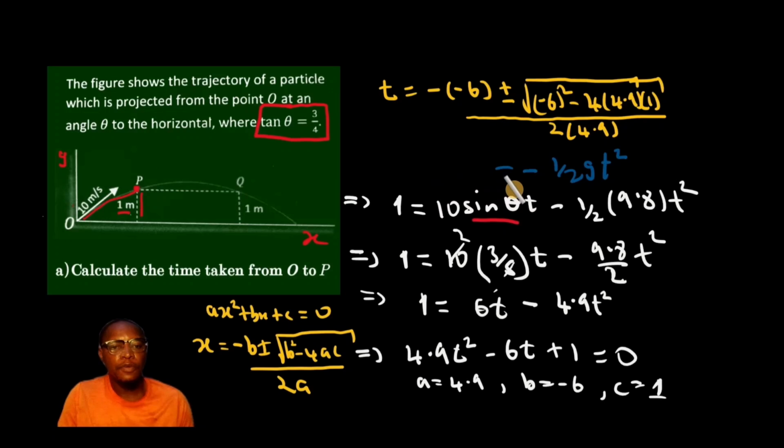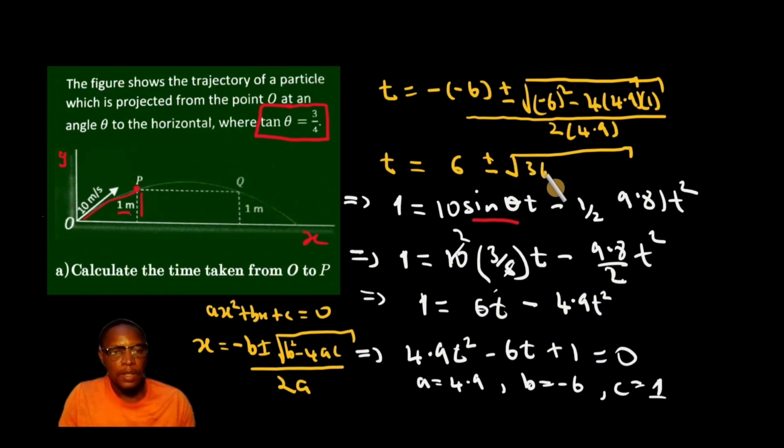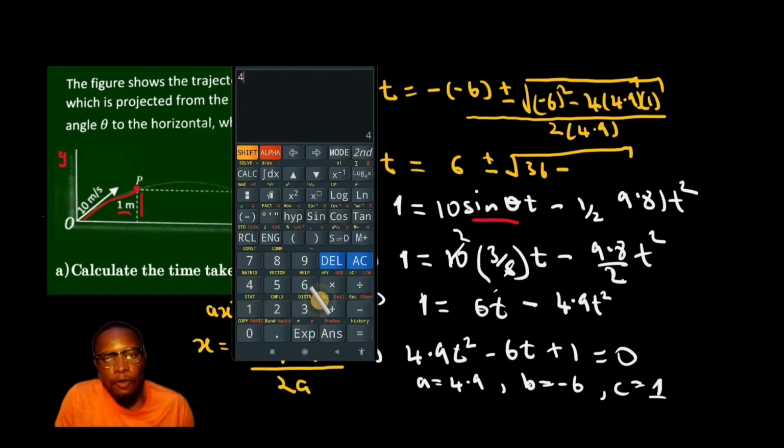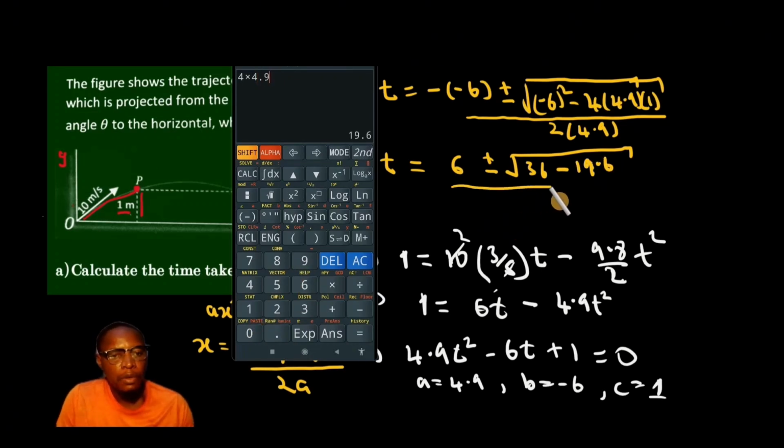From here, t equals 6 plus or minus the square root of 36, that's minus 6 squared is 36, minus 4 times 4.9 times 1, which is 19.6, all over 2 times 4.9, which is 9.8.